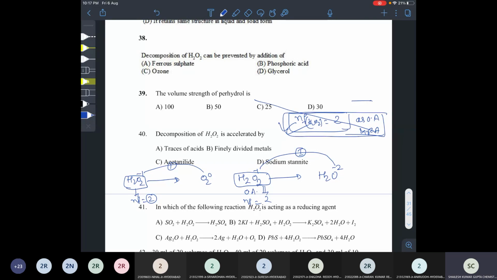You can search it. Perhydrol. Let me just check it out. 30% weight by volume is what I found at one place, that it is 30%.